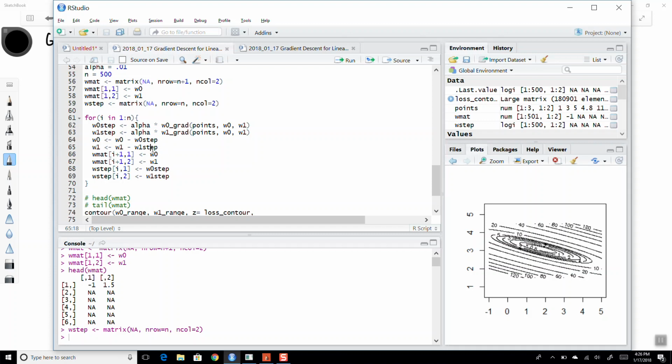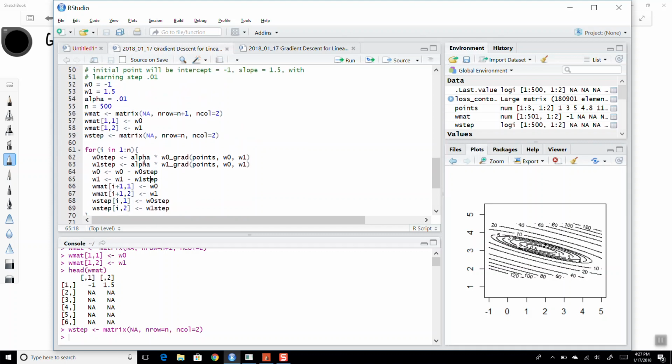Minus whatever that step is. So we're just subtracting off whatever the gradient was calculated to be. And then once we get that, we plug those values into our W matrix, we update this, and we just repeat the loop over and over again. So we do this 500 times.